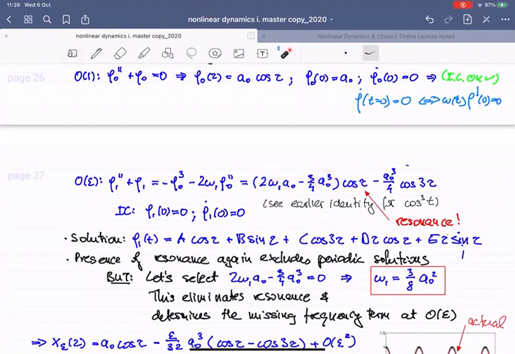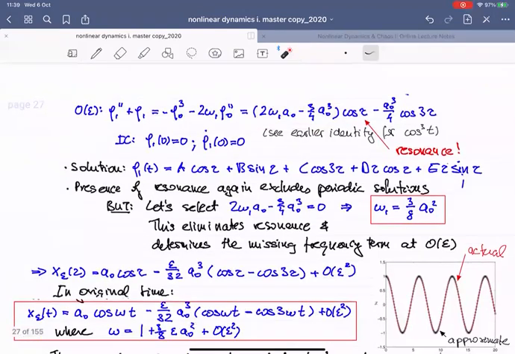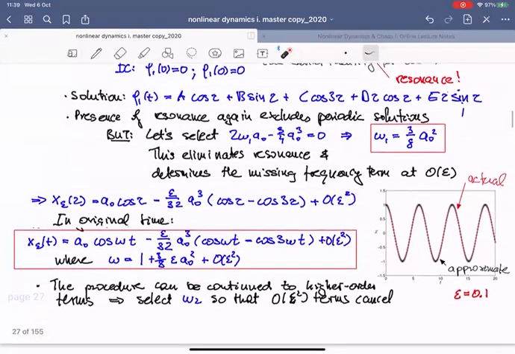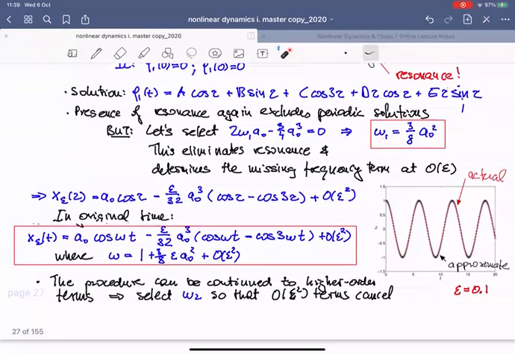Okay. So once again, formally, I would have growing solutions, except if I select this term to vanish, which will give me this equation for omega 1, 3/8 times a naught squared, then that eliminates the resonance. And there shouldn't be any resonance because I know that physically the beam is oscillating. It is then possible when I choose that omega 1 to suppress that. So this would be my solution in that case.